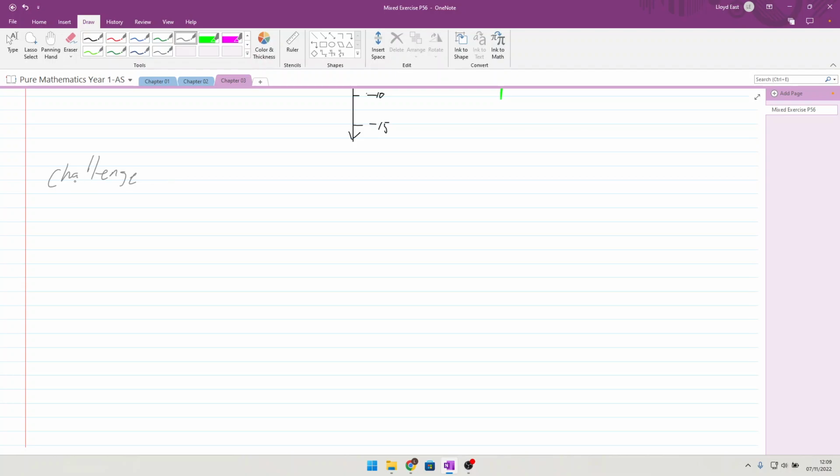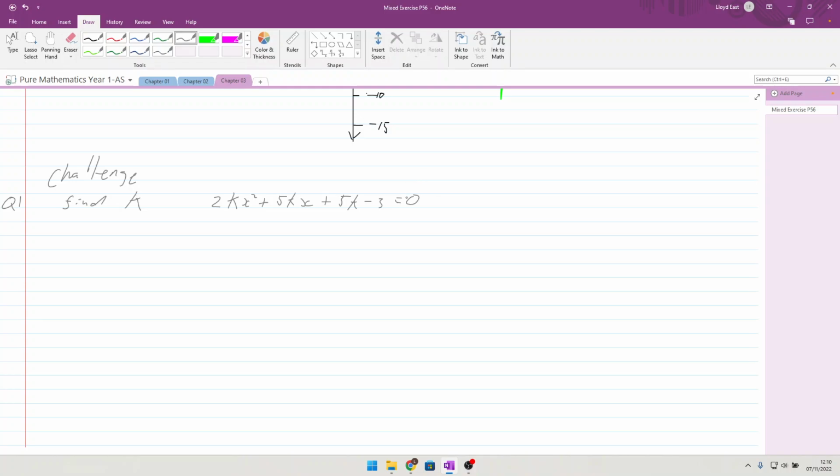Okay, find the possible values of k, where, for the quadratic equation, 2k x squared plus 5k x plus 5k minus 3 equals 0.